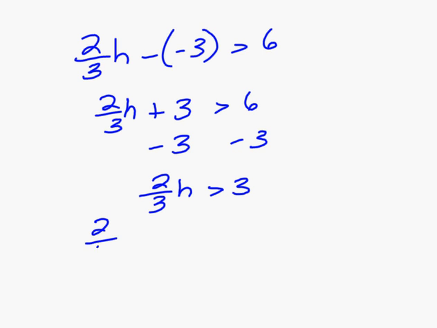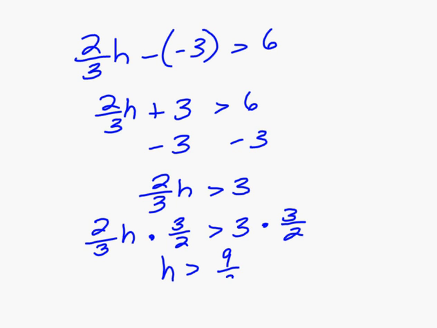I have to divide both sides by 2/3, which is the same thing as multiplying by the reciprocal. These cancel each other out. I'm just left with h. And on the right-hand side, it's going to be 9/2, or that's the same thing as 4 1/2.